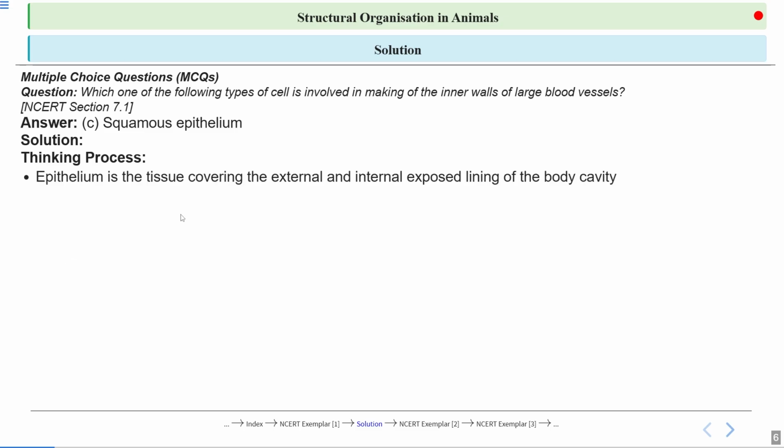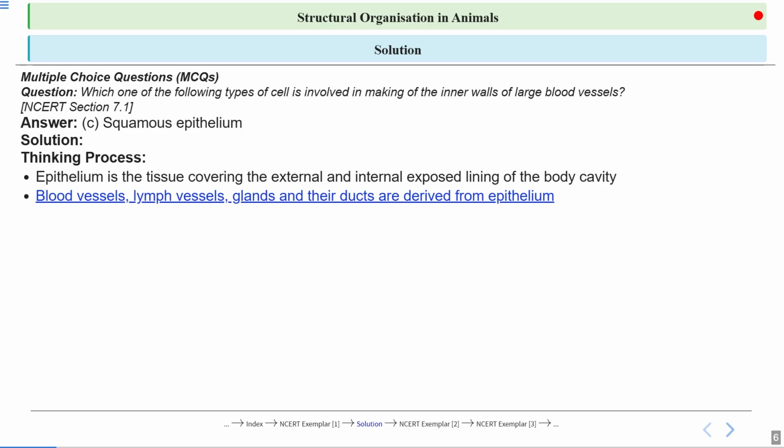Epithelium is the tissue covering the external and internal exposed lining of the body cavity. So please remember this particular line. This epithelial tissue is present as an external lining of the body cavity as well as the internal exposed lining, right?